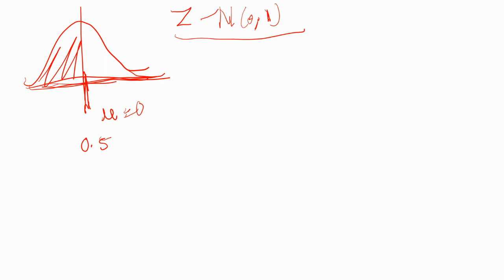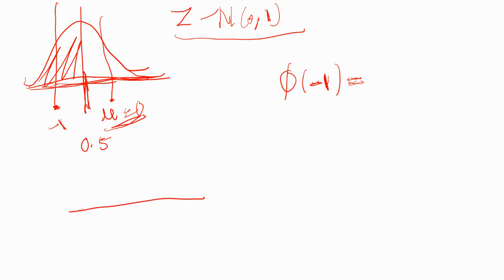Okay. So 0.5, and then if we have something after this, it will have 0.5 plus this area. Now, if you have a point here, and if this is 0, then it will always be minus 1. Okay. So if we want to find phi of minus 1, phi of minus 1 will be what?